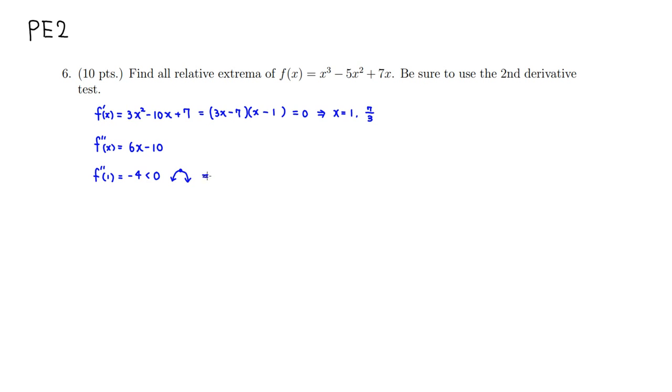This means that f of 1 is going to be a local maximum. If you evaluate that, you have 1 minus 5 plus 7, which is equal to negative 4 plus 7, so positive 3. So this is going to be a relative maximum.